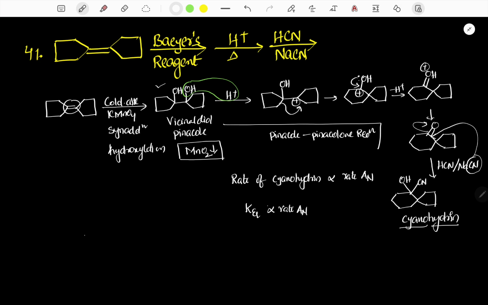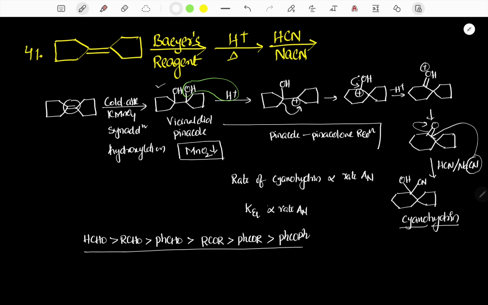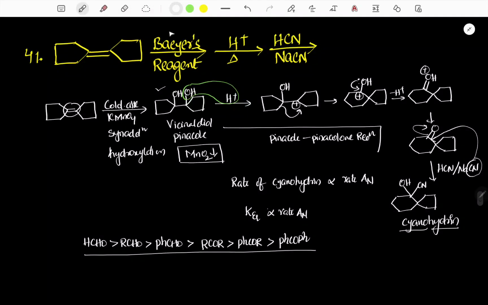In the case of aldehydes and ketones, the order of nucleophilic addition is formaldehyde, aliphatic aldehyde, aromatic aldehyde, aliphatic ketone, aromatic ketone, diaromatic ketone. So this reaction involves syn hydroxylation, the pinacol-pinacolone reaction, and cyanohydrin formation.